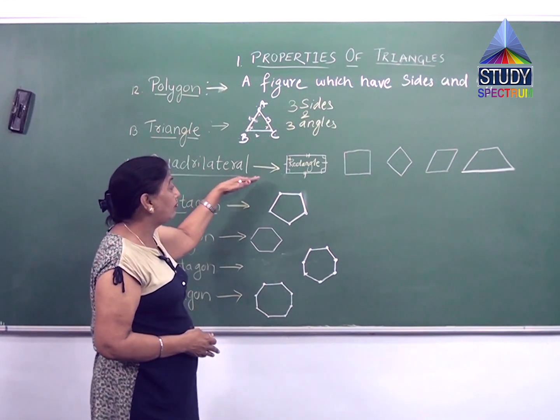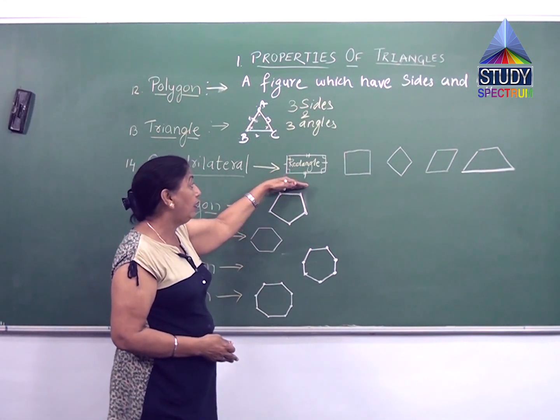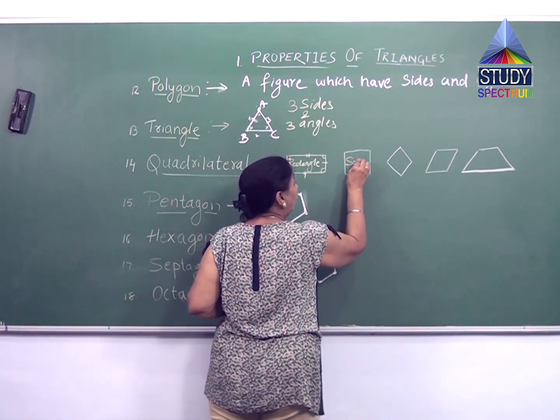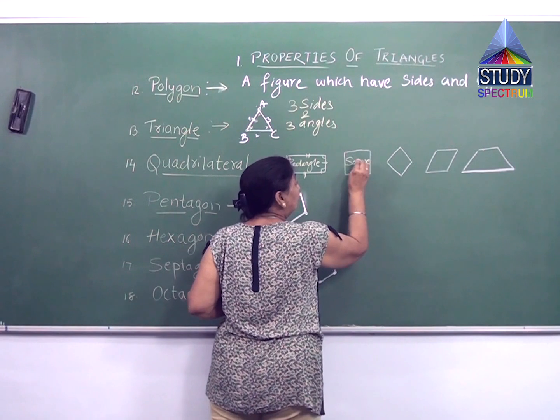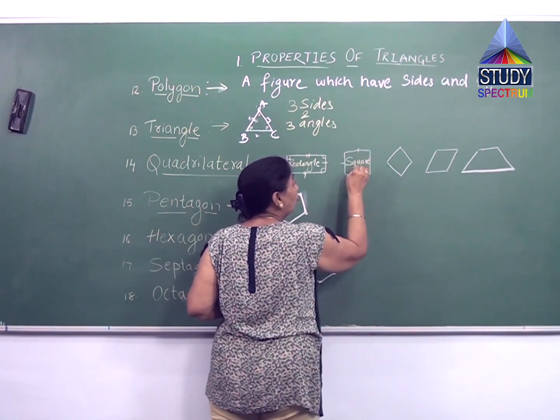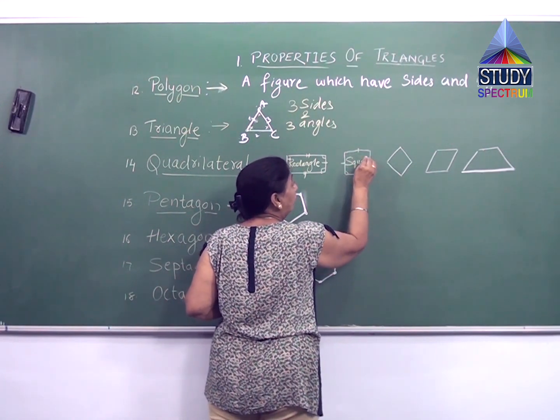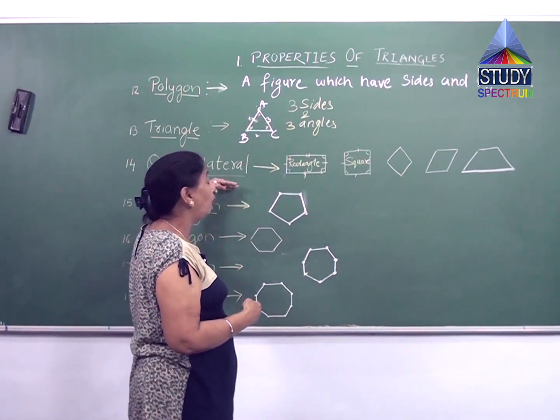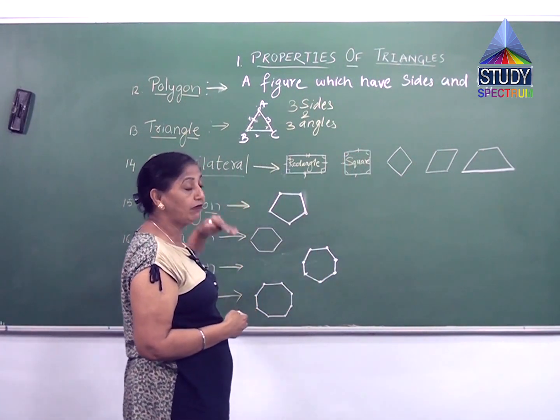In this, a rectangle is a quadrilateral, and a square is also a quadrilateral. Why? Because a square also has four sides and four angles. So a square is also included in this polygon, which is a quadrilateral.